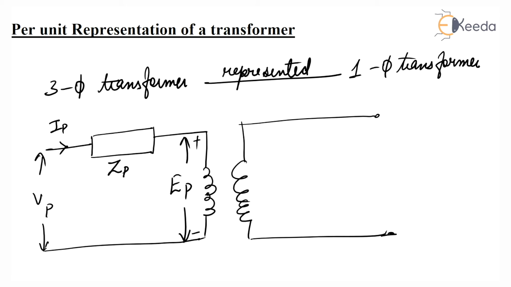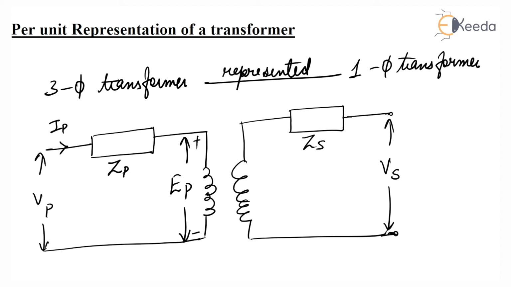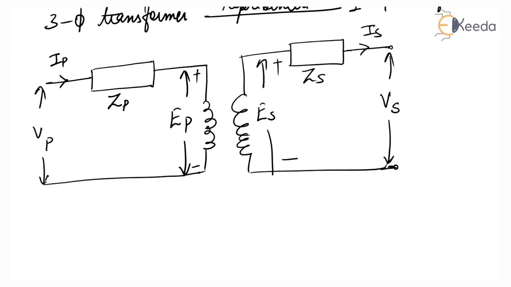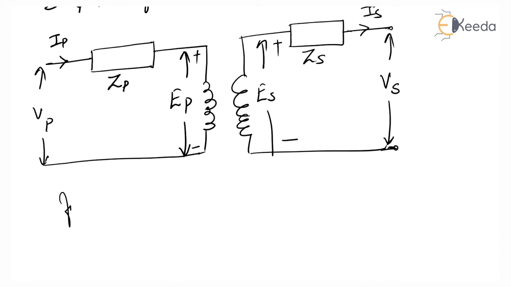Now for the secondary side, impedance ZS, voltage across the secondary side VS, current on the secondary side IS, and this is ES. So this figure shows the representation of a single-phase transformer.